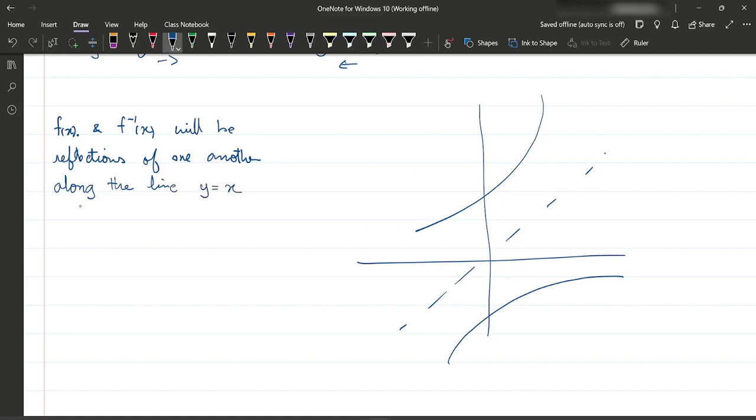So this is the line y equals x, and they're always going to be reflecting in that.